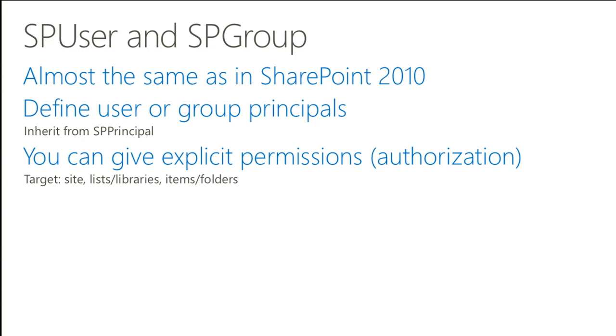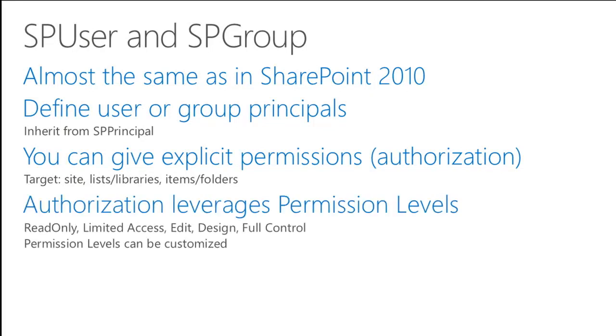And when you give permission, whether using the UI or using the object model, you can give explicit permissions, that means authorizations, to target SPPrincipals, targeting lists, libraries, single items, sites, folders, whatever.